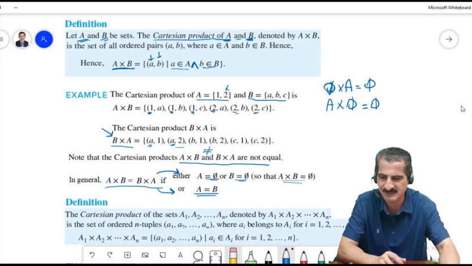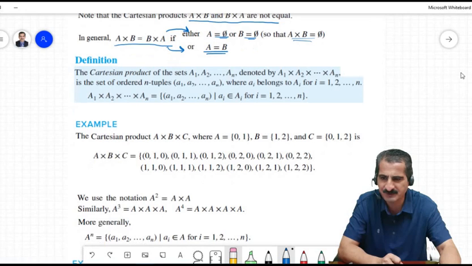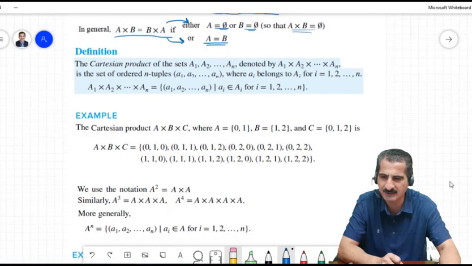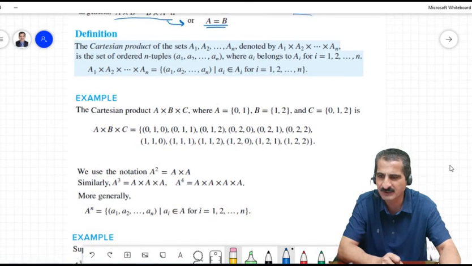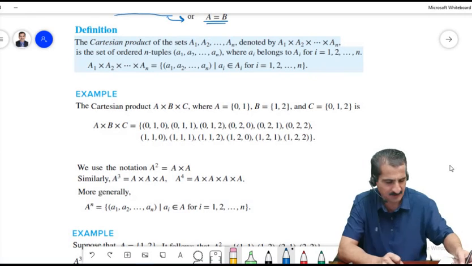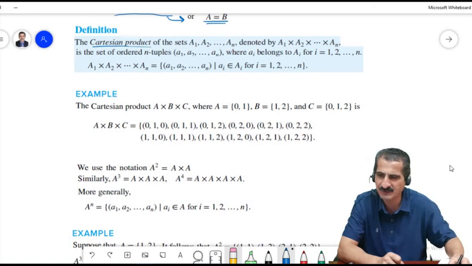And now we can generalize this cross product not only to two sets, but we can use as many sets as we want. So the cross product of the sets A1, A2, up to An is denoted this way. It consists of n-tuples such that ai is an element of capital Ai.